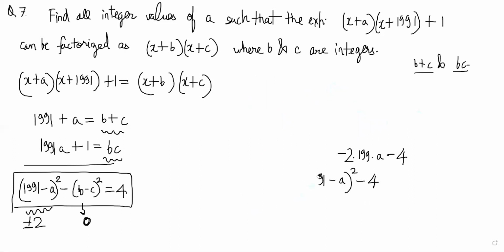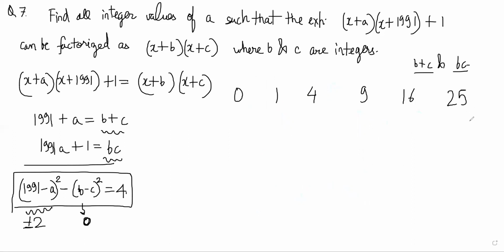Look at the differences between perfect squares: 1, 4, 9, 16, 25. The difference between two perfect squares is 1 here, is 3 here, is 4 here. But after that, it keeps increasing forever.